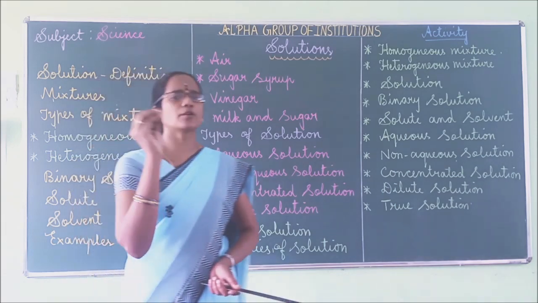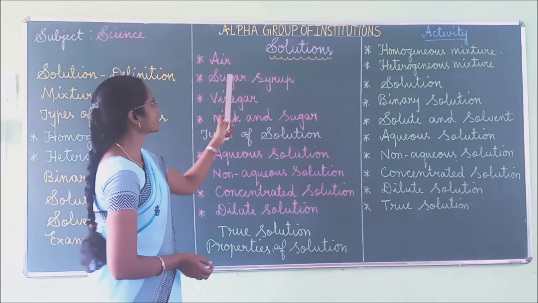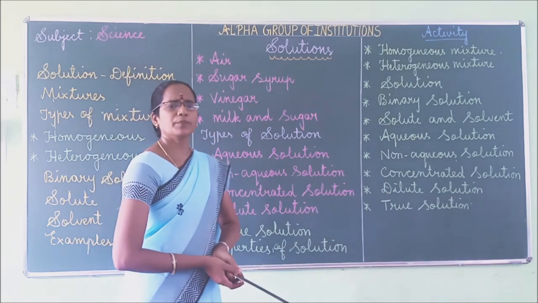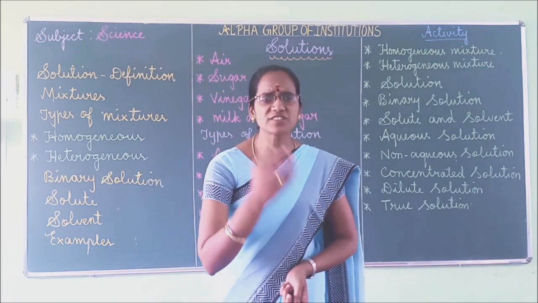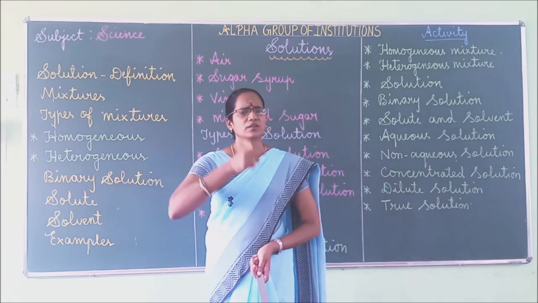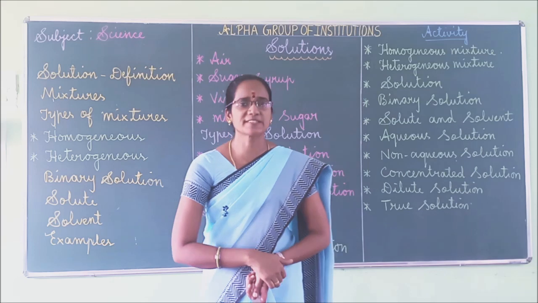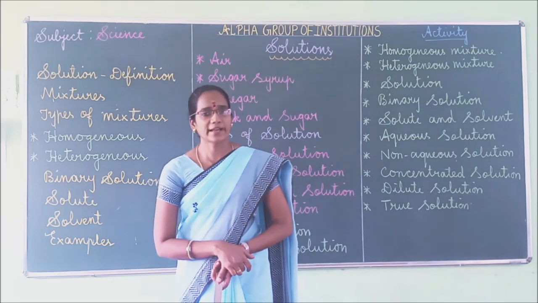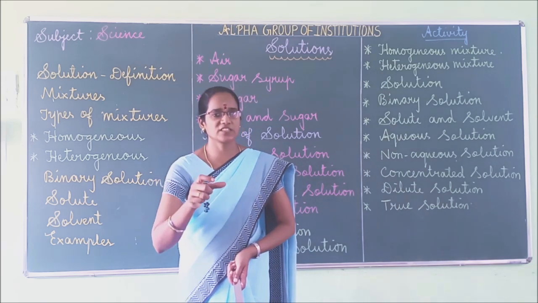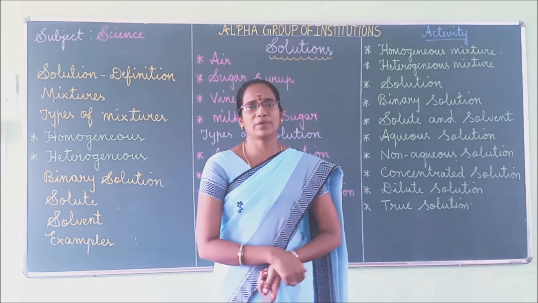Let me see some examples for solute and solvent. The first example we can say is air. Air is nothing but a solution of mixtures only. Nitrogen makes up the largest portion, hence nitrogen is the solvent, whereas other gases like oxygen, carbon dioxide, argon are present in minimum level.